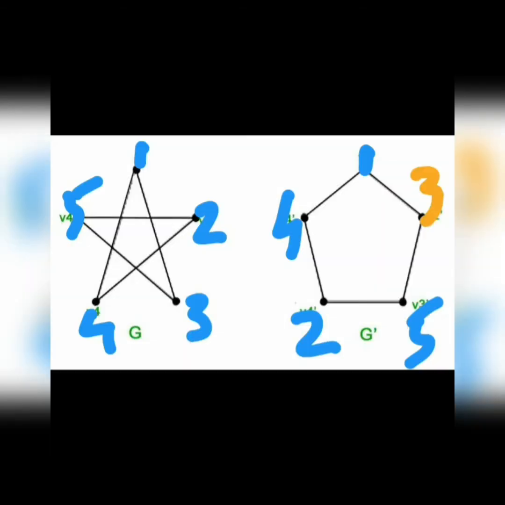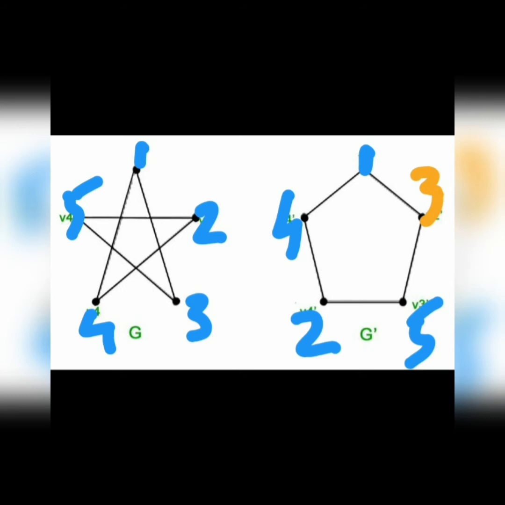So what do we mean by that? For more clarification, let's have a look at this figure. Here I marked the vertices of two graphs as 1, 2, 3, 4, 5. Similarly, for G dash also I marked all the vertices 1, 2, 3, 4, 5. So when do we say these two graphs are isomorphic? If we consider any edge in G, the corresponding edge must be there in G dash.